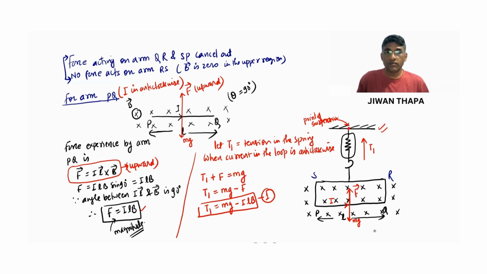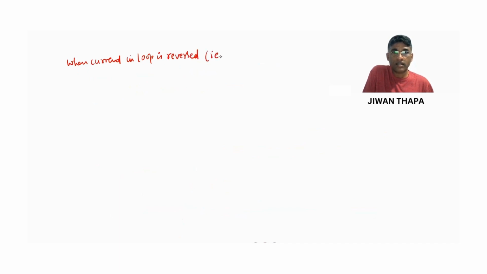Now, next, when current in loop is reversed, that is current I in clockwise direction.